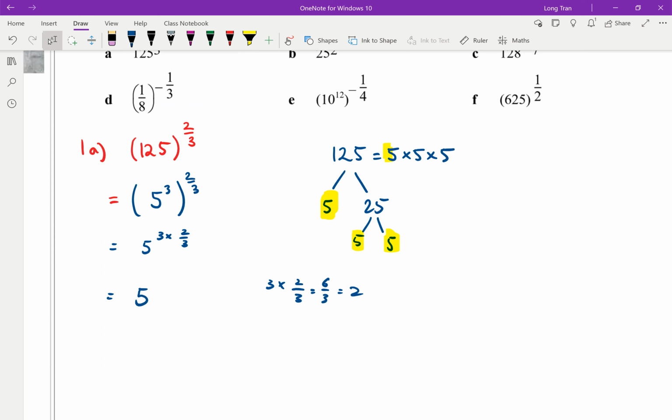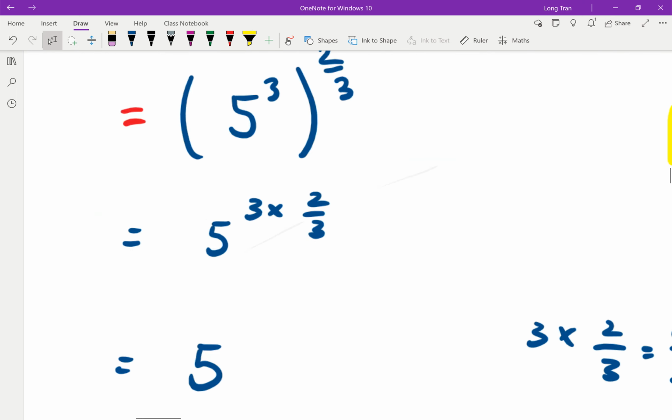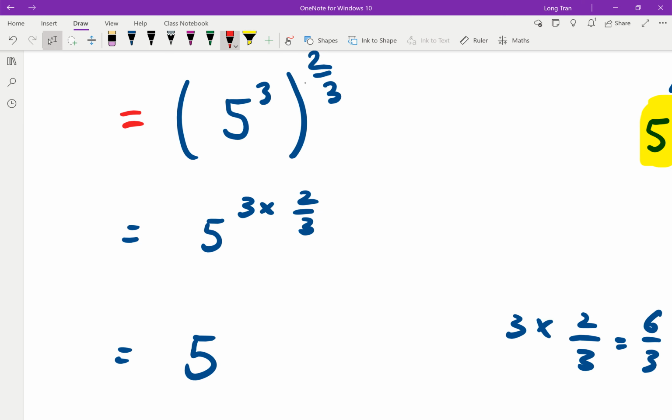I'm training my year 8s to work with fractions because of this. You see here, 3 times 2/3, this is a divide by 3. So the 3s can divide each other. You can say 3 divided by 3 is 1. And so your answer becomes 5 squared.